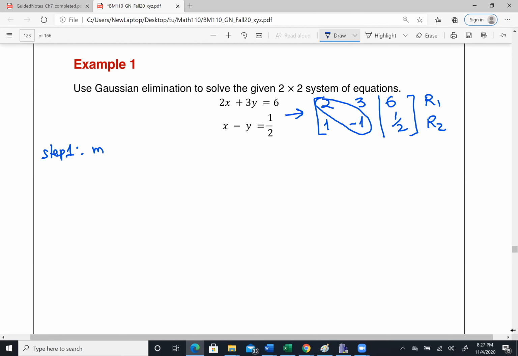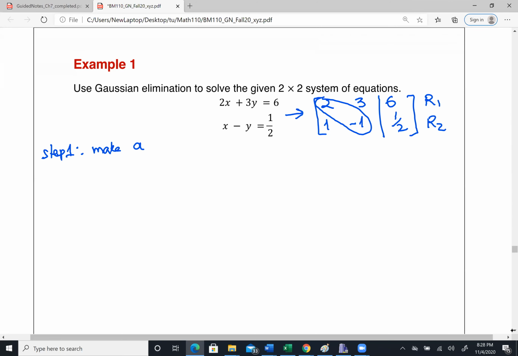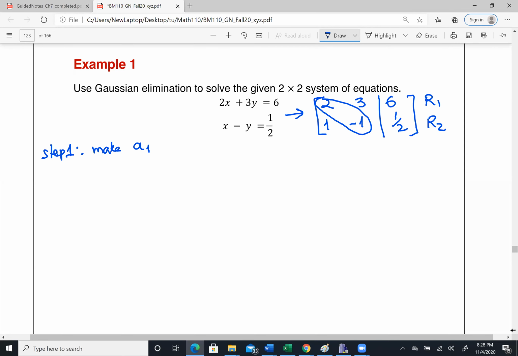Okay. Make the first element of column 1, row 1 equal to 1.